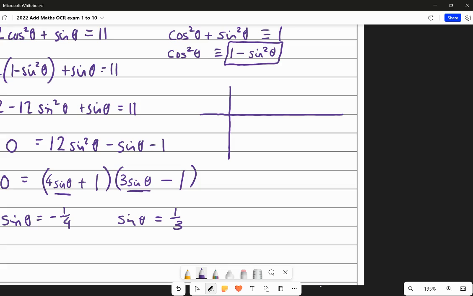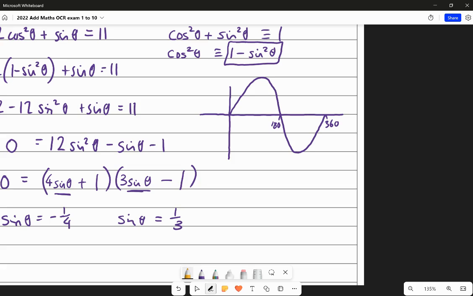So sine theta, sine of 0 is 0. So I'm going to sketch it like this. There it is between 0 and 360. There's 180. There's 360. And I want to know all the values that I can get where sine theta equals negative 1/4.